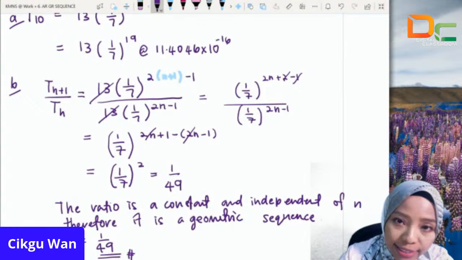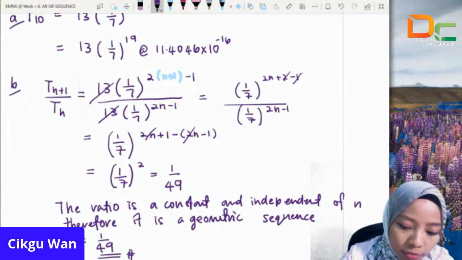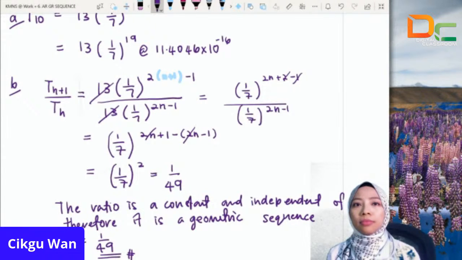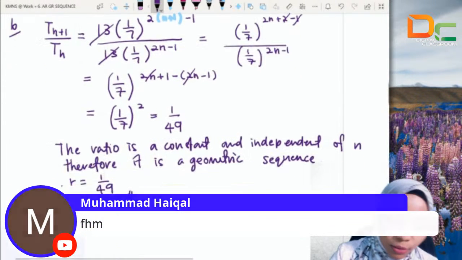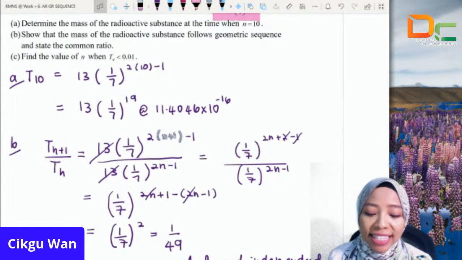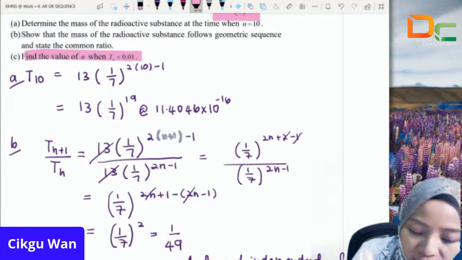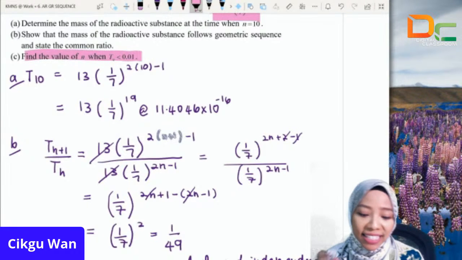Yes? Okay, let's read the question. Find the value of n when Tn is less than 0.01. Okay, I repeat, find the value of n when Tn is less than 0.01.